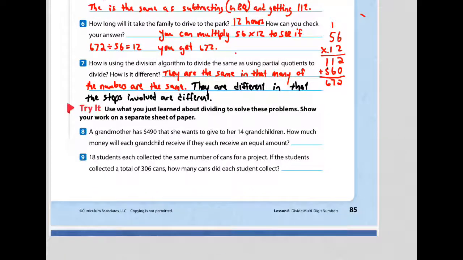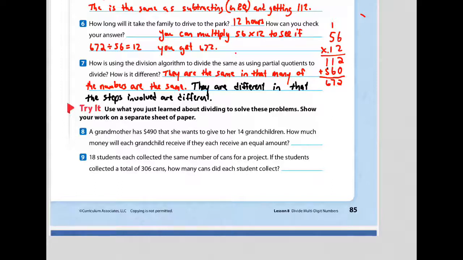Now, for the try it problems, here's what you're going to do. You have two problems you have to solve that are division. So I would like you to solve 8 and 9 using the method that you choose when you are doing it on your own. But when I go over it, I'm going to do partial quotient and I'm going to do the division algorithm.